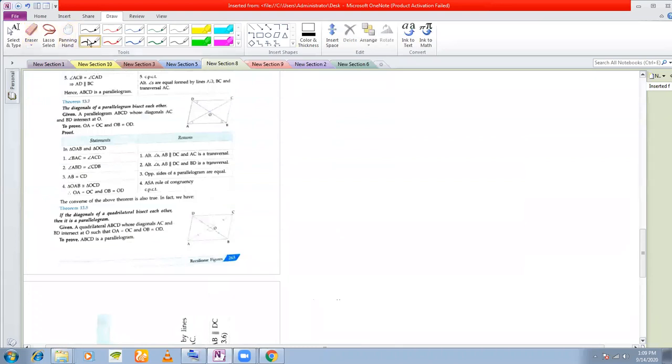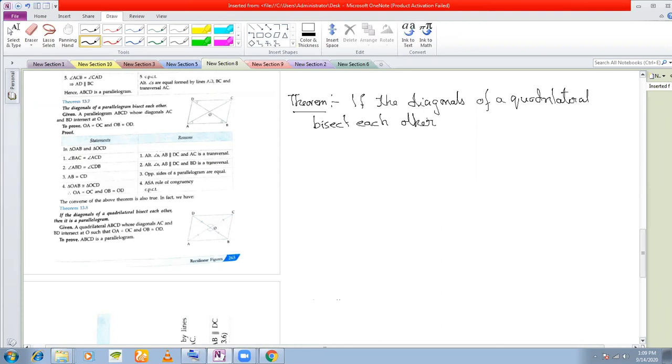So let's see the last theorem here. Theorem here is: if the diagonals of a quadrilateral bisect each other, then it is a parallelogram.